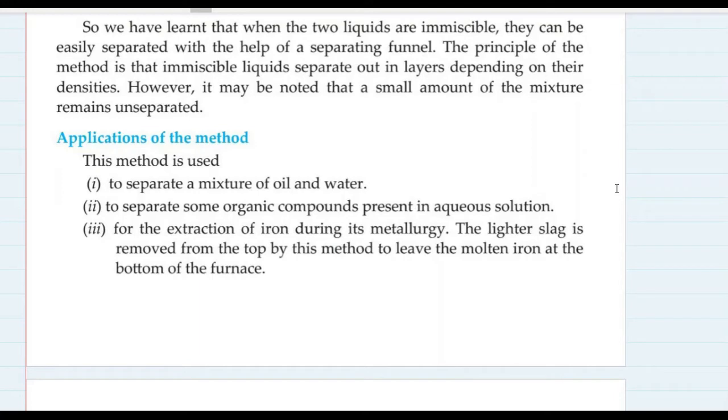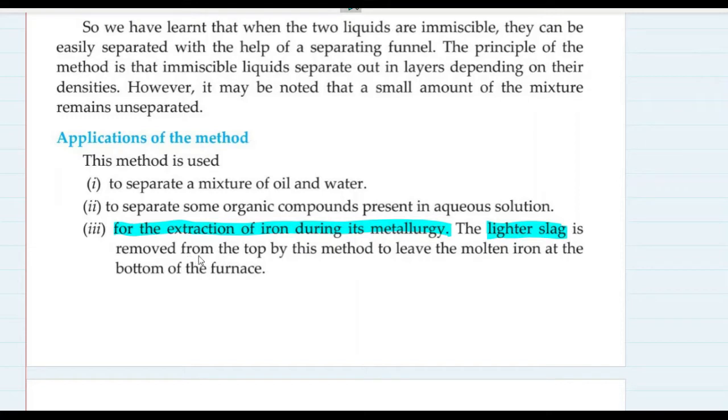The lighter slag, see, this extraction of iron using metallurgy is to be studied in detail next year in class 10th in the chapter of chemistry, metals and non-metals, in which the lighter slag is the impurity.